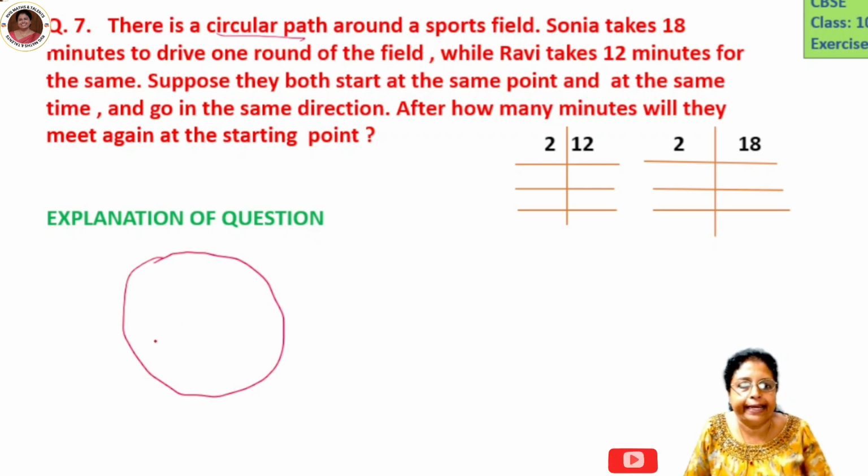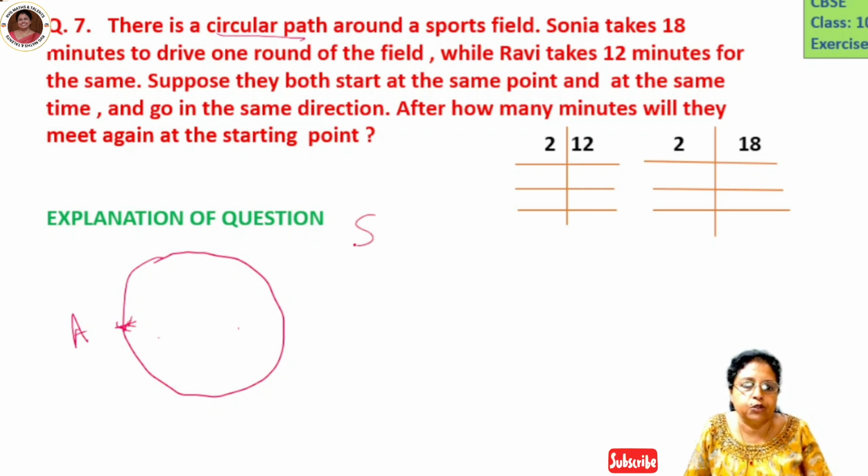Sonia takes 18 minutes to drive one round of the field. See, suppose they are starting from this point. From A, Sonia takes one round of the field. Again, she reaches the point A after 18 minutes. Ravi starts from the same point and reaches back at the same point after 12 minutes.